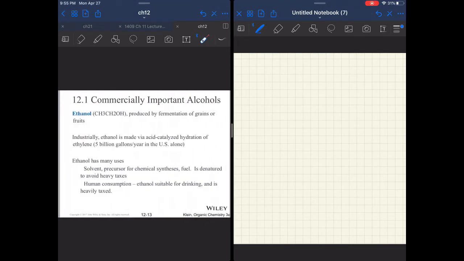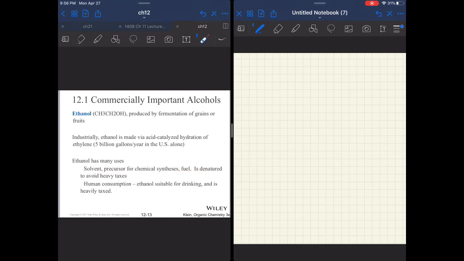Ethanol is also poisonous. It's just not as poisonous, right? When it's called intoxicated, it's because it's toxic. It's made for a number of other things besides human consumption. It's a solvent. We use it in synthesis. It's a fuel.